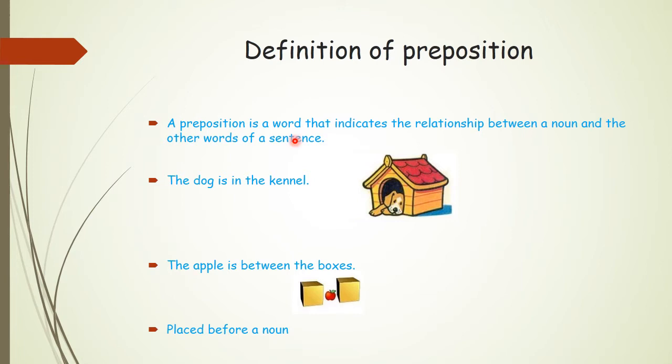So what is the role of preposition in a sentence? A preposition is a word like in, between, before, after, on, off, for, from, etc. These words show the relationship between a noun and the other words of a sentence.